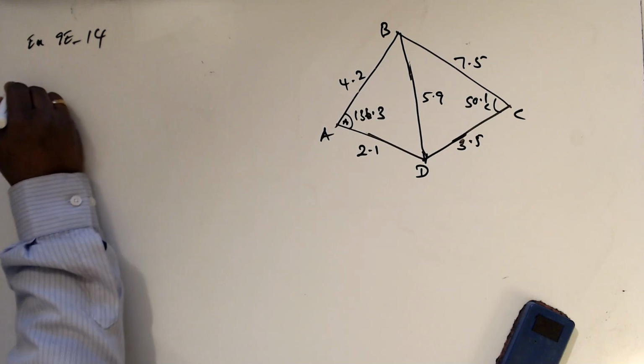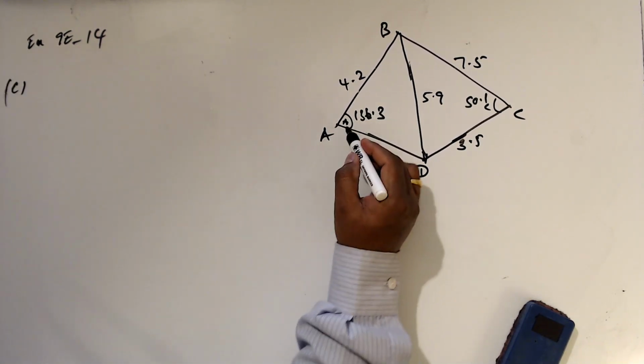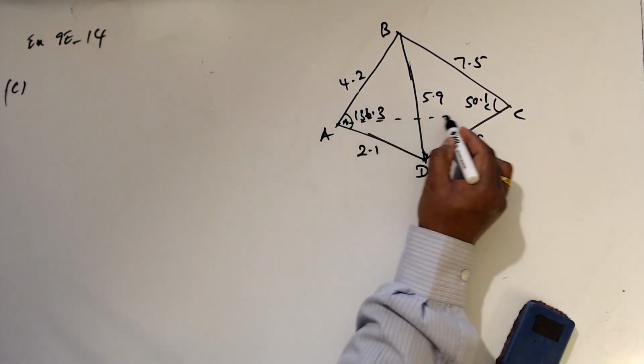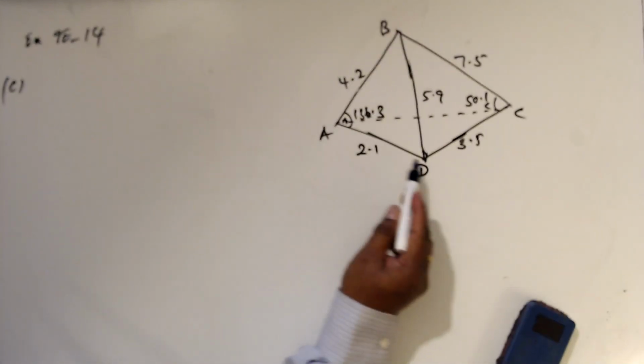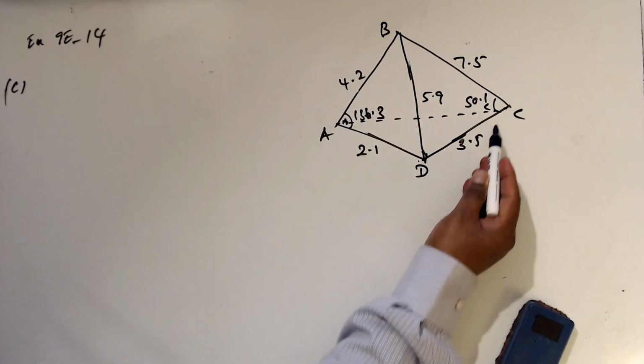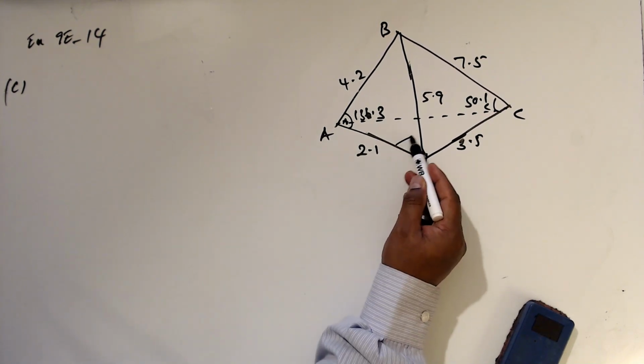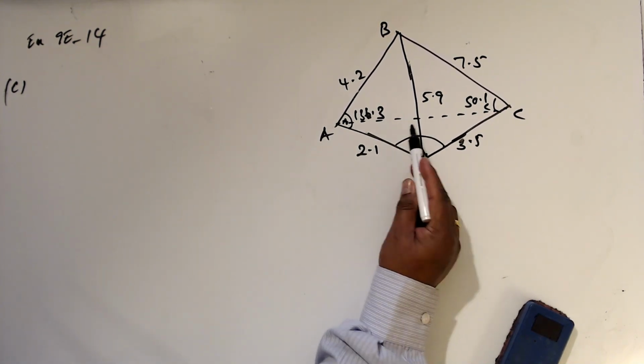Now part C, we want to find the AC. I know this distance and I know this distance, and if I know this angle, by cos rule I can find.